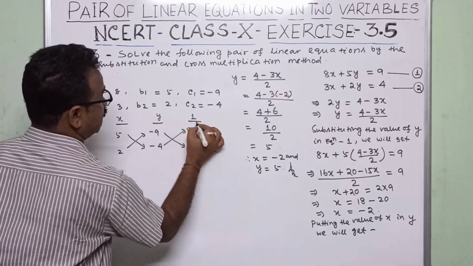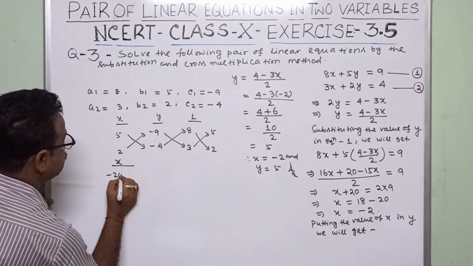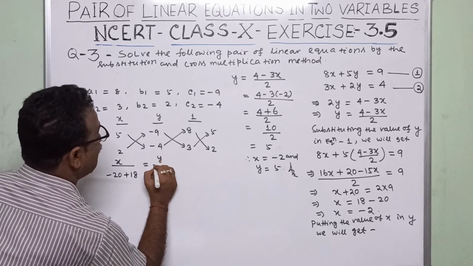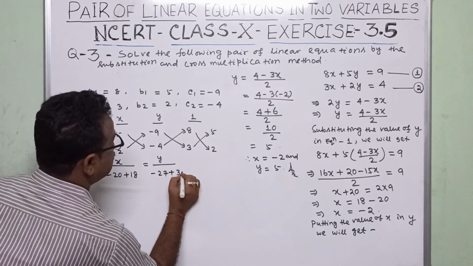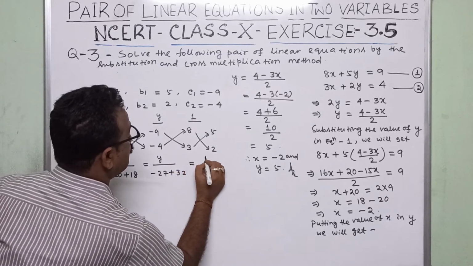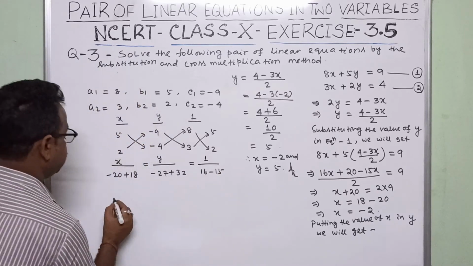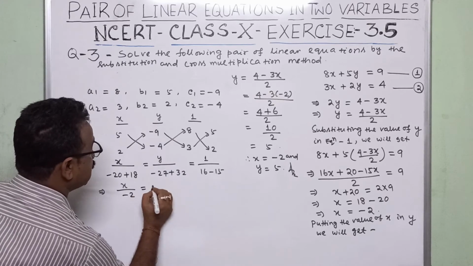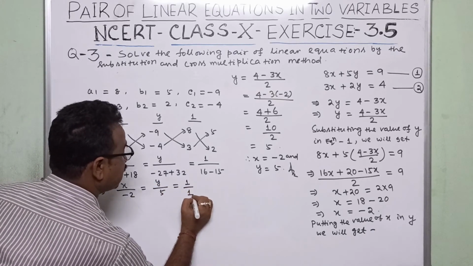x, y, 1. So x by (minus 20 plus 18) is equal to y by (minus 27 plus 32) is equal to 1 by (16 minus 15). That implies x by minus 2 is equal to y by 5 is equal to 1 by 1.